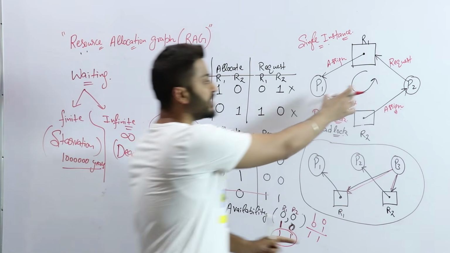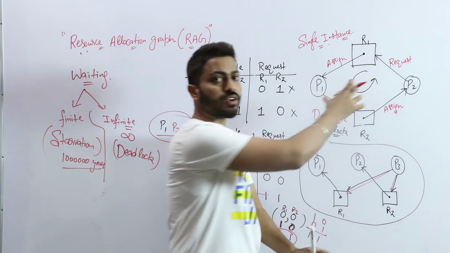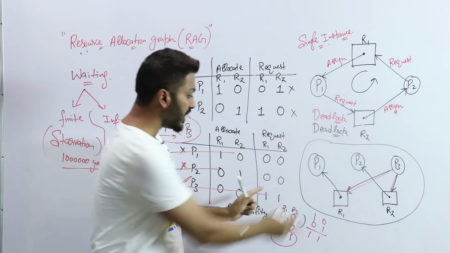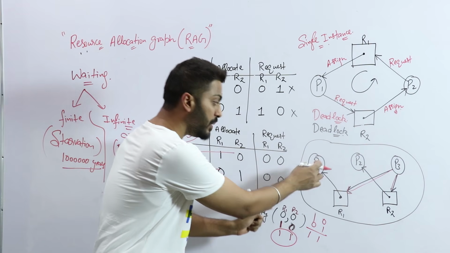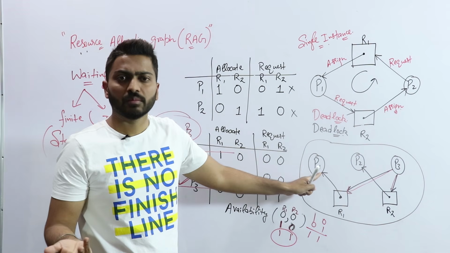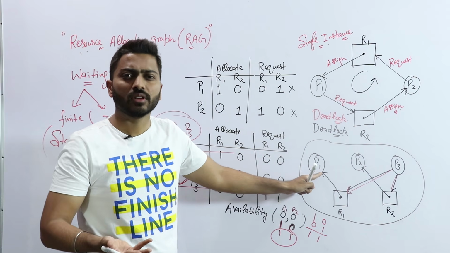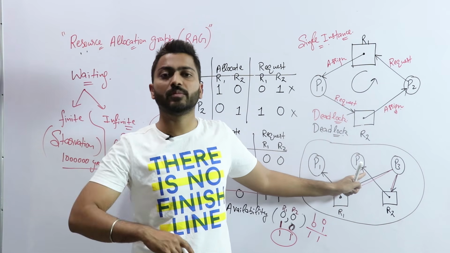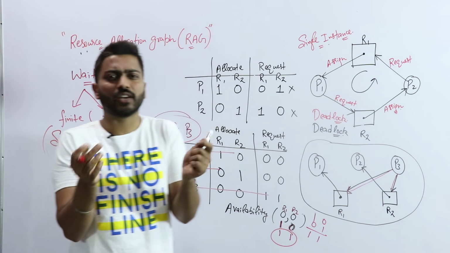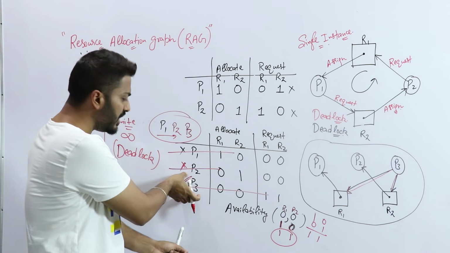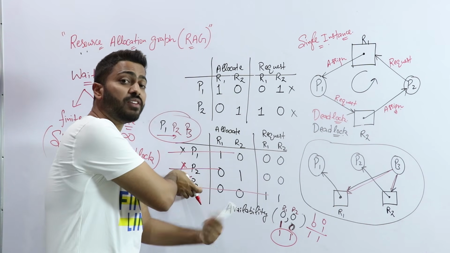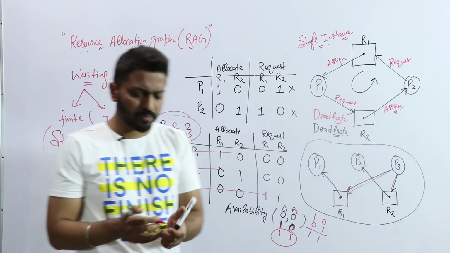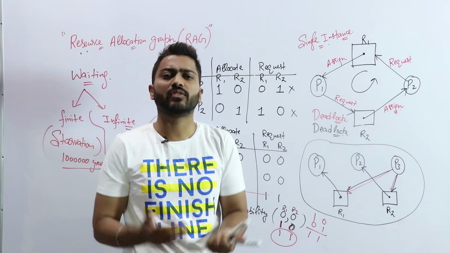So in this case there is no deadlock, and the waiting is only starvation, because in a deadlock P1 and P2 would be waiting infinitely. But here P1 is not waiting. P1 will simply get executed because it is demanding nothing. P2 will simply get executed because it is demanding nothing. But P3 will wait for some time, because P3 needs R1, which it will get after P1 and P2 get executed.